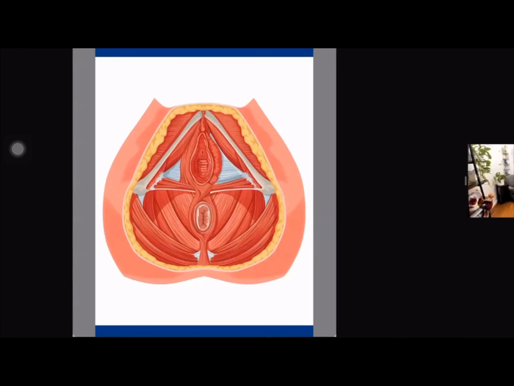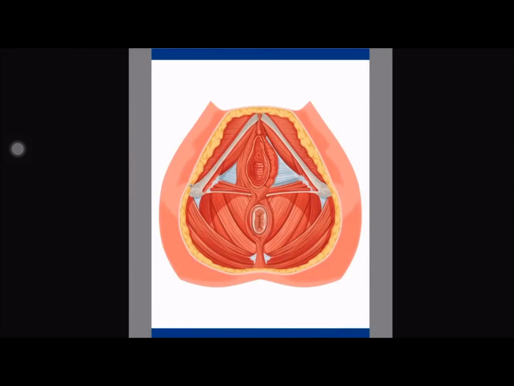So let's take a look at the muscles of the superficial layer first. If you can see here, we've got the two ischial tuberosities here and here. We have the pubic bone up here. And we have the tailbone back here. And you can see these muscles kind of run in a T shape across and up and down.